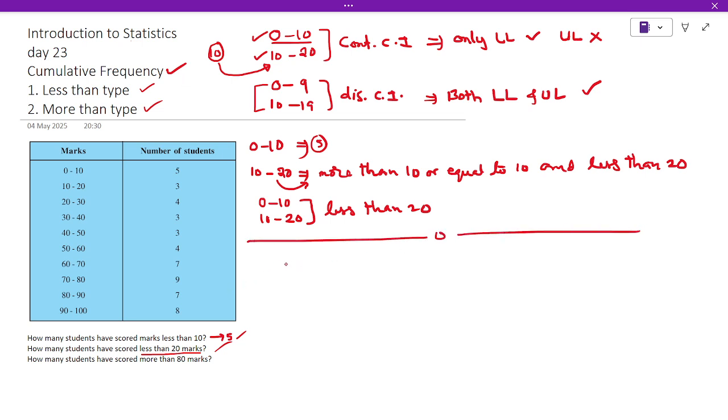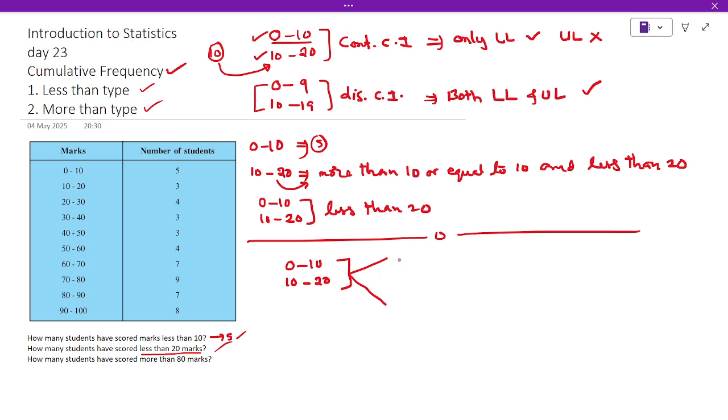The second part is, whenever you have a class interval, whether it is continuous or discrete, I'm specifically speaking about continuous class intervals, because they are more comfortable to analyze. There are two ways we can represent this.